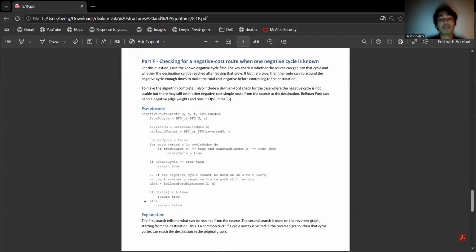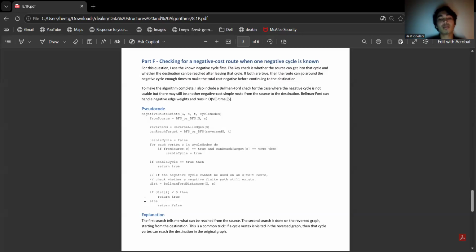I perform one BFS or DFS from the source node to determine which vertices are reachable from the source. Then I reverse all the graph edges and perform another BFS or DFS starting from the destination. If a cycle vertex is reachable from the source and can also reach the destination, then the negative cycle can be used in the route. In that case, the route can loop around the negative cycle many times and make the total path cost negative.